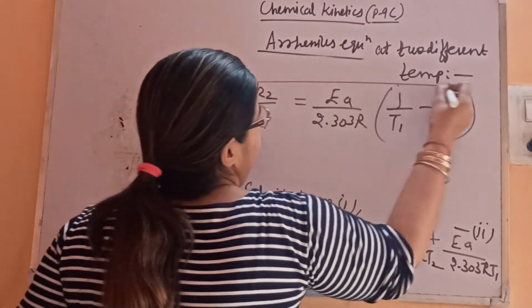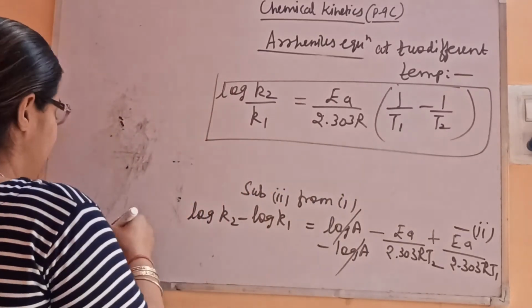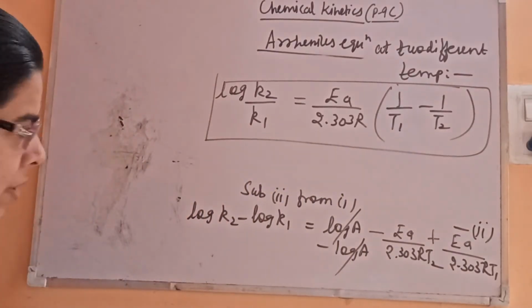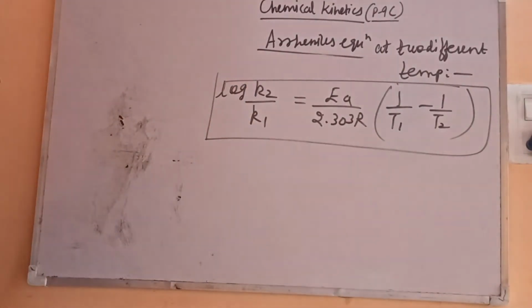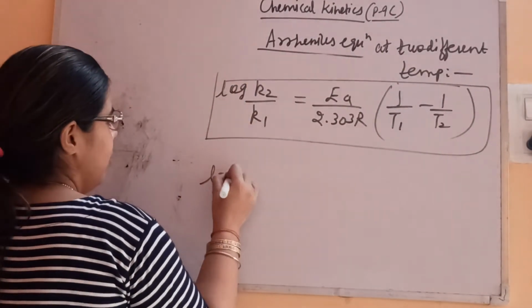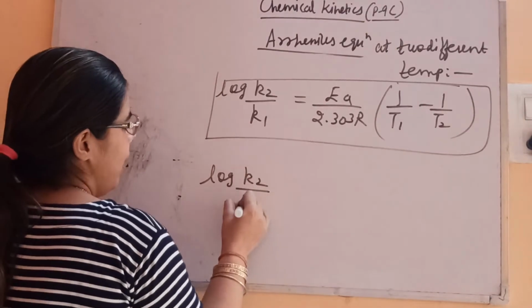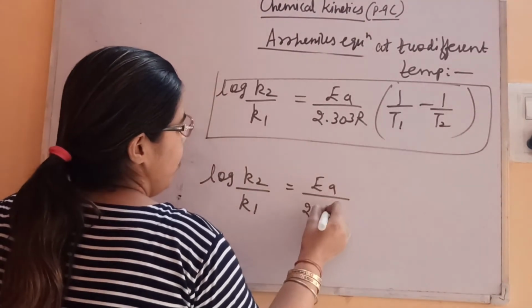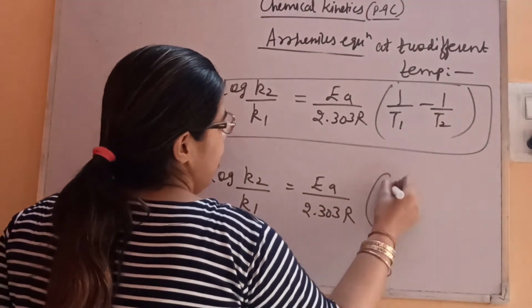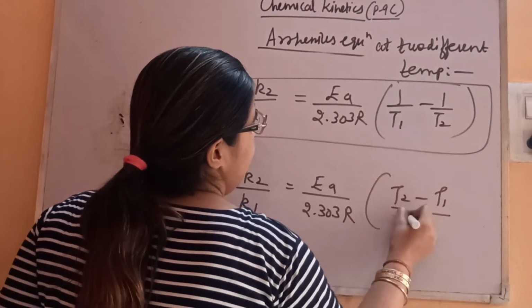This is one form, and then further you will solve this. What will you get then? Log K2 by K1 is equal to EA upon 2.303 R times T2 minus T1 upon T1 T2.